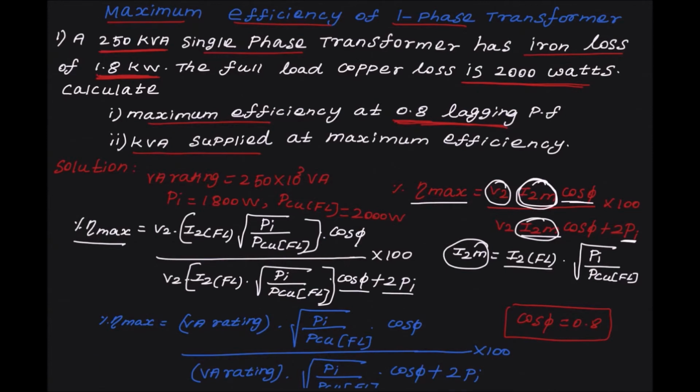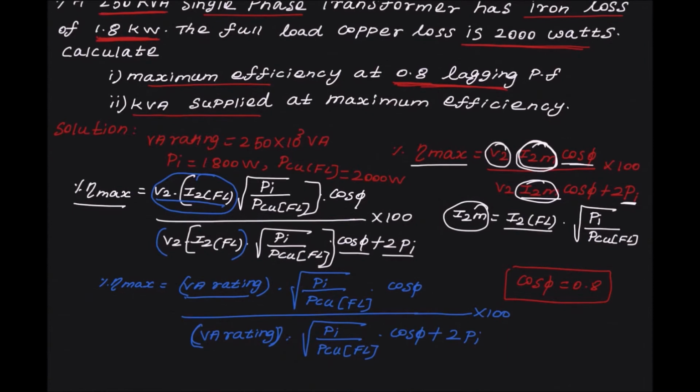We know that VA rating is the product of voltage into current. So the product V2 I2 full load is nothing but the VA rating of the transformer. So we write VA rating into root of Pi divided by P copper full load into cos phi, divided by VA rating into root of Pi divided by P copper full load into cos phi plus 2 Pi, into 100.